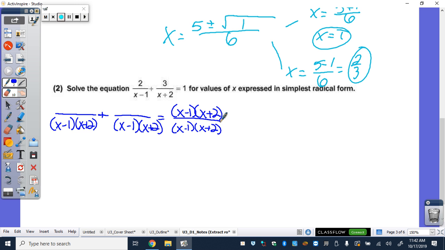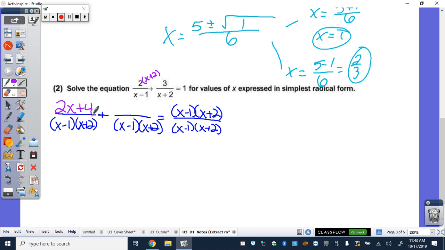Anything over itself is 1. So the first fraction, that numerator of 2, what do we have to multiply that by? You got to multiply that by the x plus 2 because the bottom has the x minus 1. Missing the x plus 2.